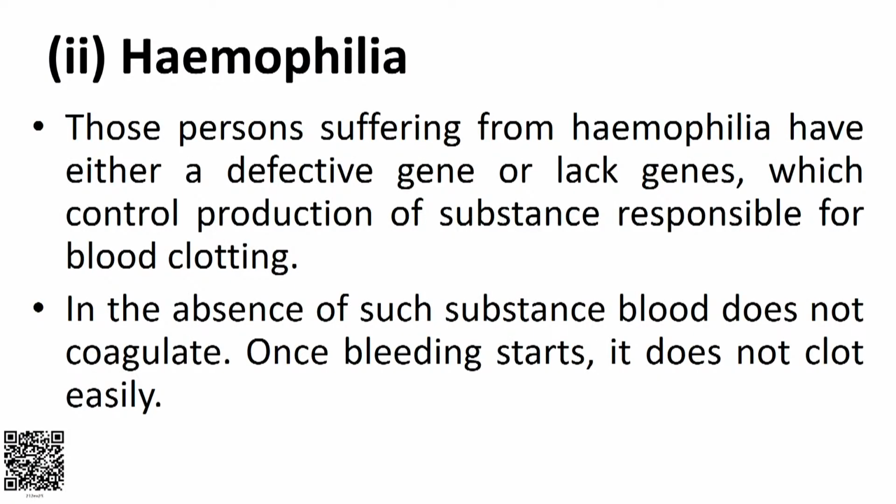The second genetic disorder is hemophilia. Persons suffering from hemophilia have either a defective gene or lack the genes which control production of the substance responsible for blood clotting. In the absence of such a substance, blood does not coagulate. Once bleeding starts, it does not clot easily.